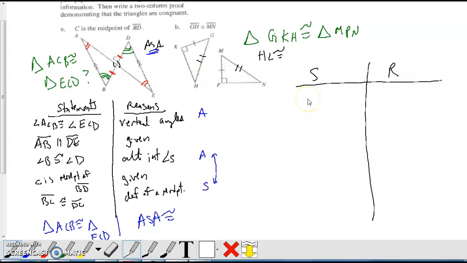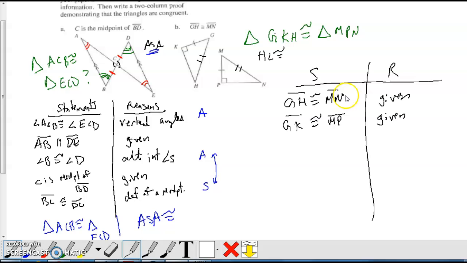All right, so I'm going to start with the first piece of information that was given to me. So GH is congruent to MN. Why? Given. Cool. All right, what else was given to me? GK is congruent to MP, given information.